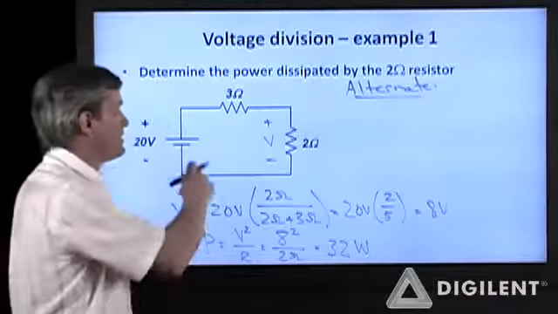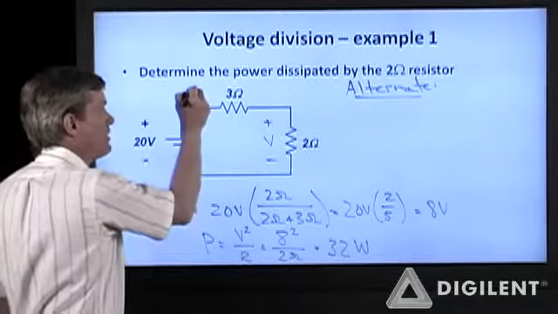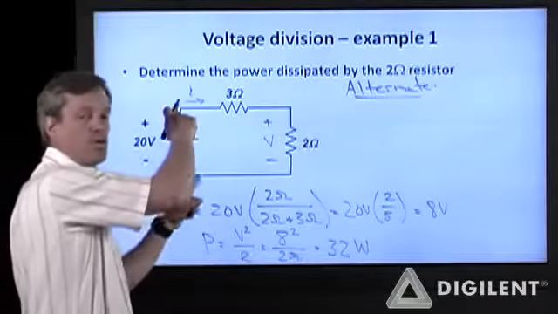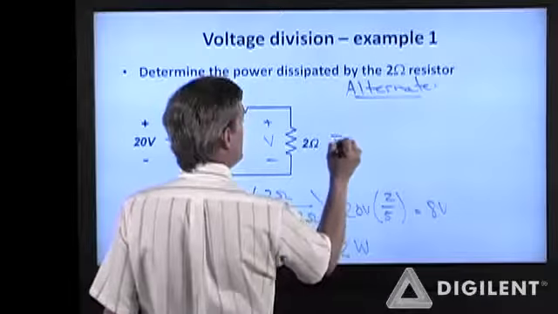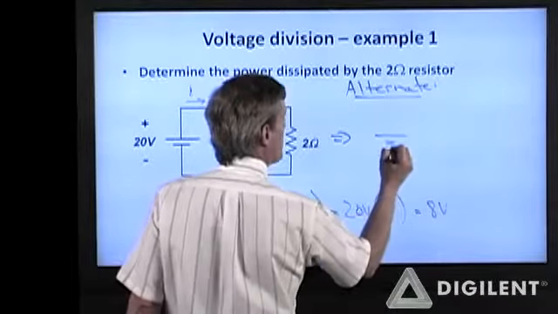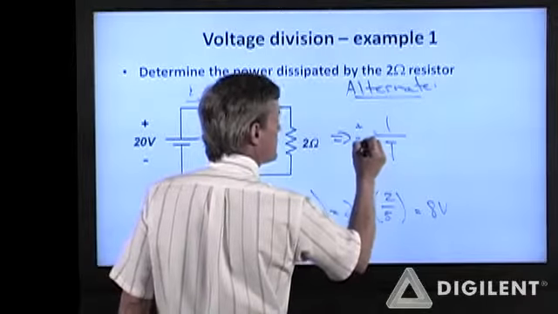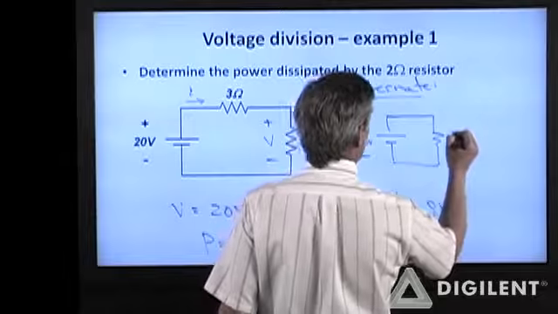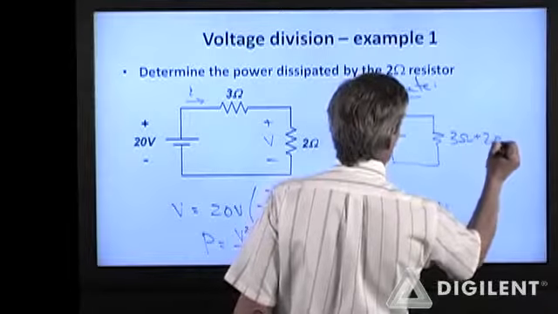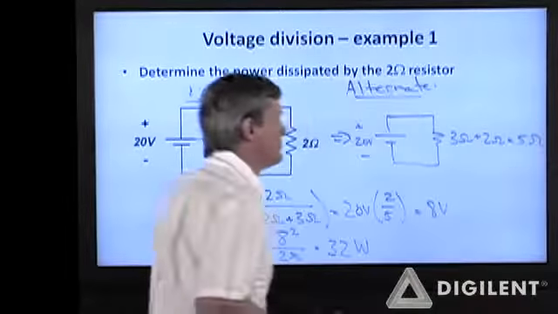Alternately, if you recognize that these are in series, the current I is just the total voltage over the sum of the resistance. So an equivalent circuit is plus minus 20 volts times the total resistance. Req is 3 ohms plus 2 ohms is 5 ohms.